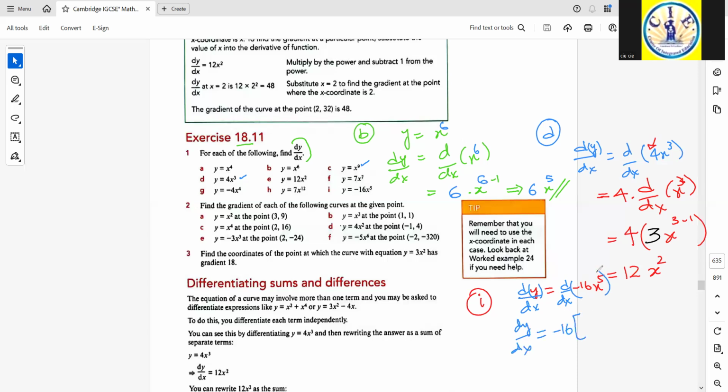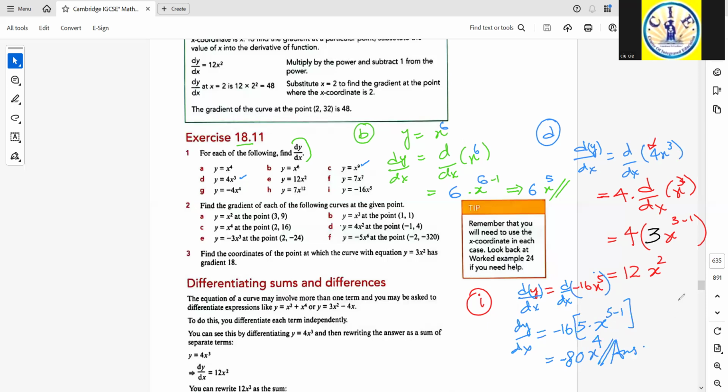And then I'm going to bring this power at the start, which is 5, and then x raised to the power 5 minus 1. This will be negative 80 x raised to the power 4. So that is its answer.